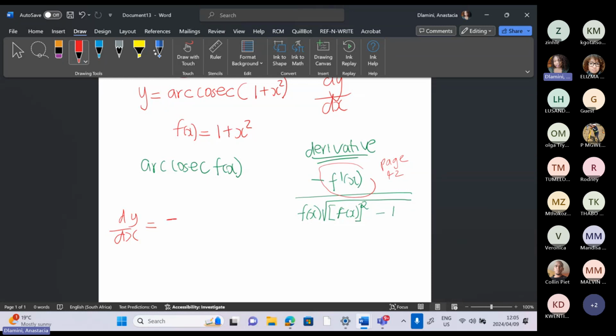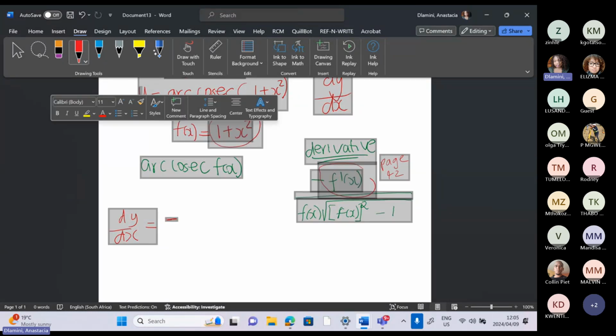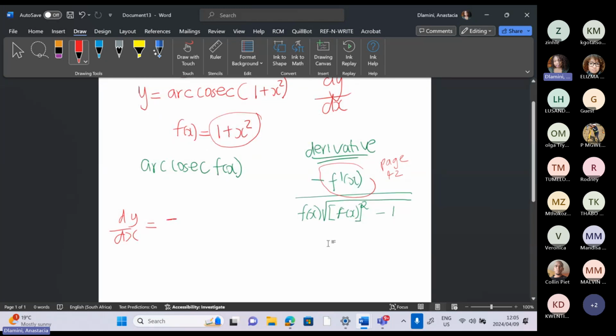Our f of x is 1 plus x squared. What is our derivative? Our derivative, please don't forget this minus. Hey, we tend to forget it. I once forgot it as well. This minus, don't forget it, right? So what is the derivative of this function? I always put the derivative in brackets. So that is 2x. Are we all together there?